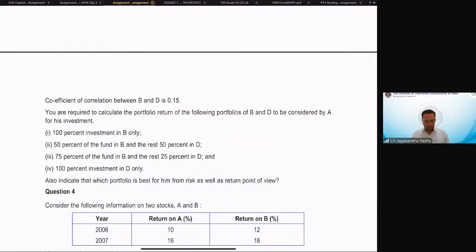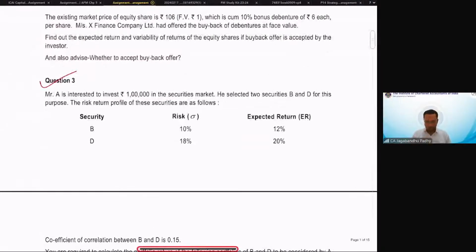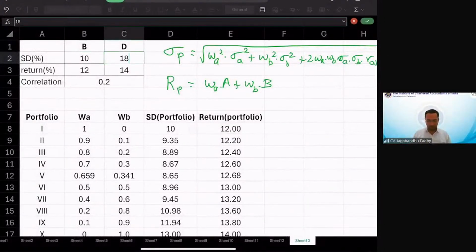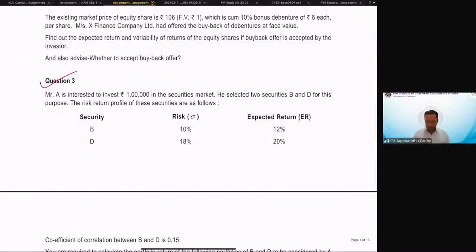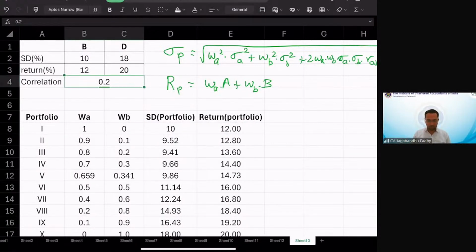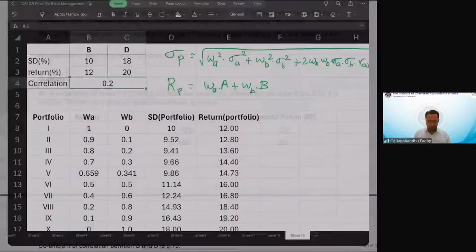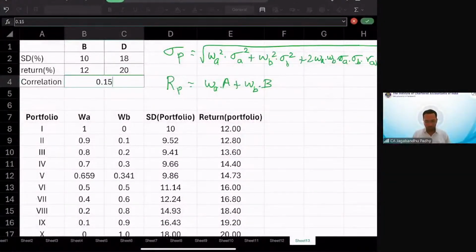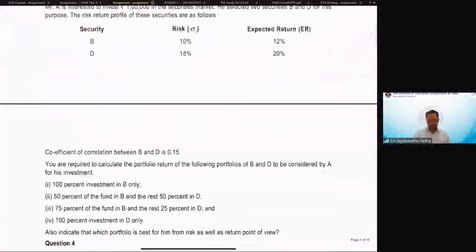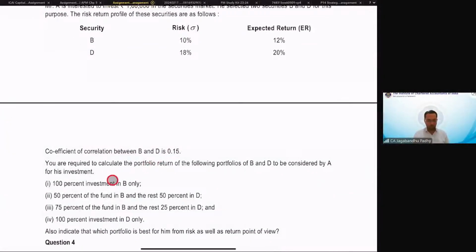For B and D, we have the standard deviations to be 10 and 18, and returns are 12 and 20. The correlation is 0.15, right? And they have asked us to create 4 portfolios with 100% in B, 50% in B and D.